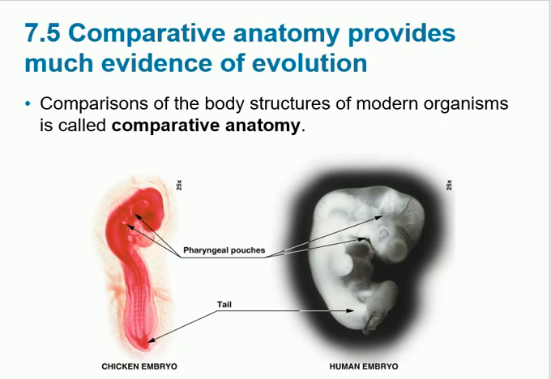What are the similarities and what are the differences? You can apply that to an embryo for a chimpanzee versus a gorilla versus a regular monkey. If you compare those, you can compare the similarities and the anatomy, and this can be added as evidence.